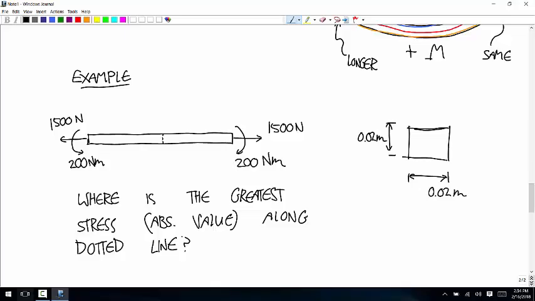Well, in general, if you move this dotted line around, you get different values everywhere. In this case, just because of the way the loading works, all the internal loads are the same everywhere, and so the stresses are going to be the same everywhere. So we don't even have to know the length of that beam or anything to calculate this.